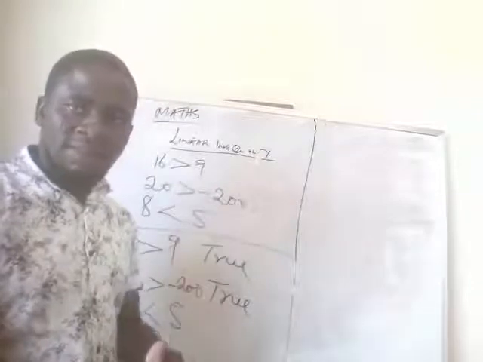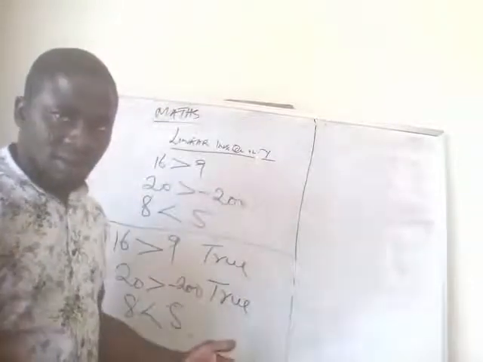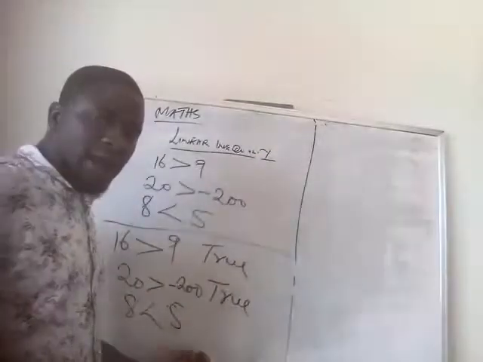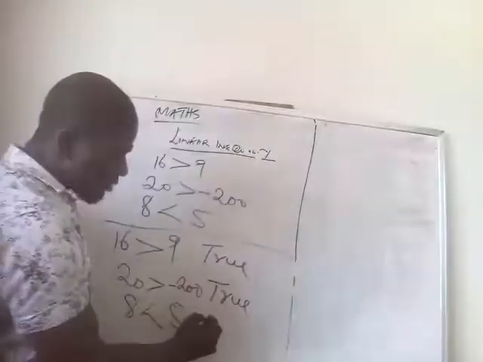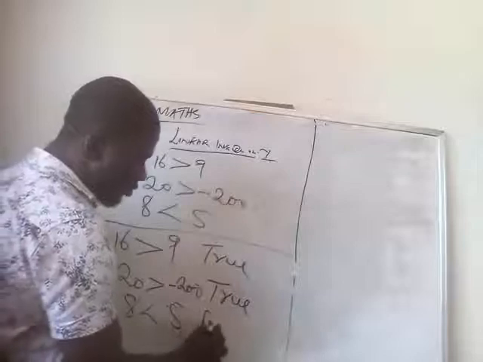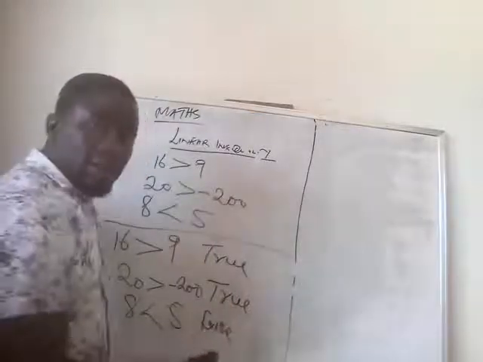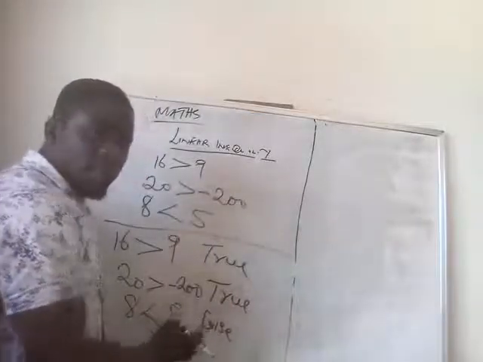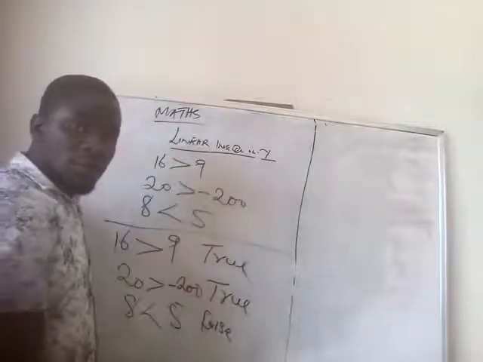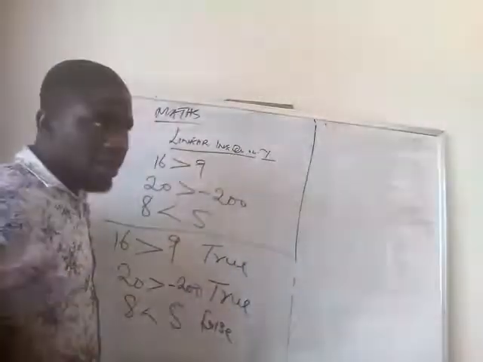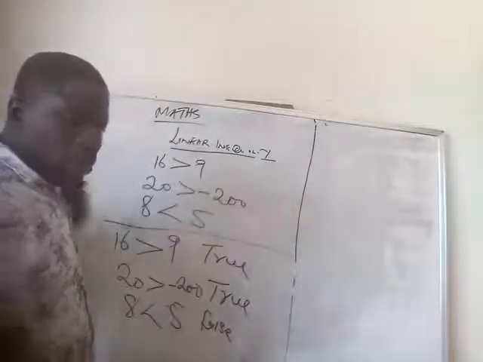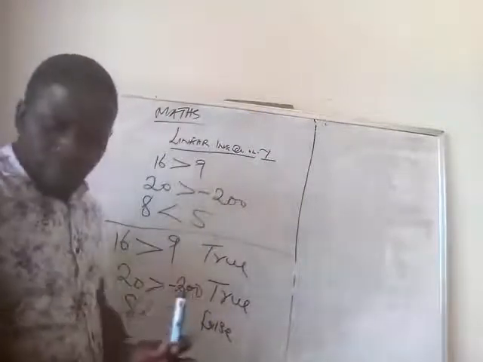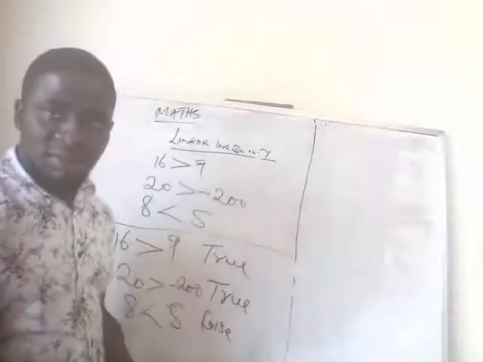If 8 is bigger than 5, this statement is false, because there is no way 8 will be less than 5. So that's the way to go about it.